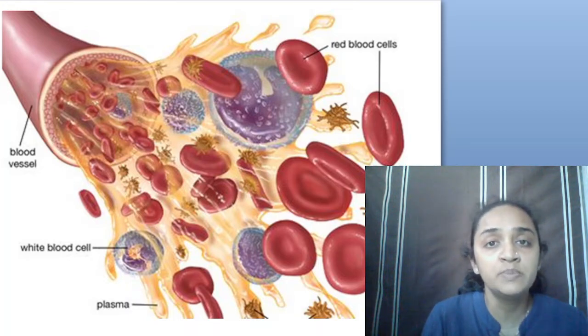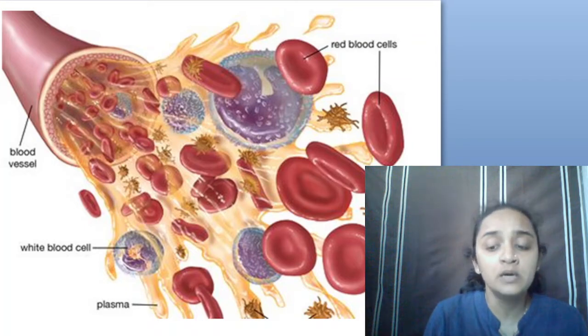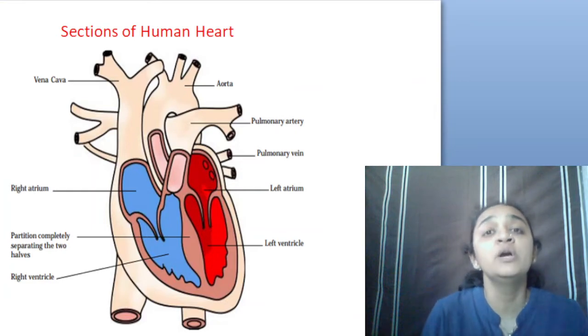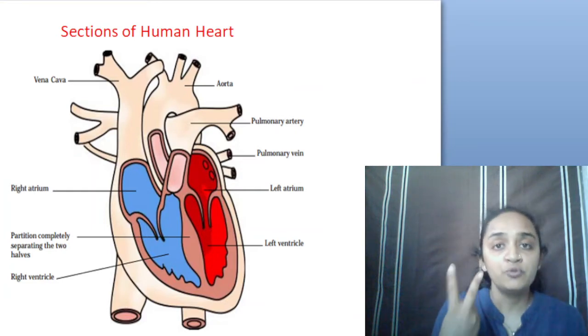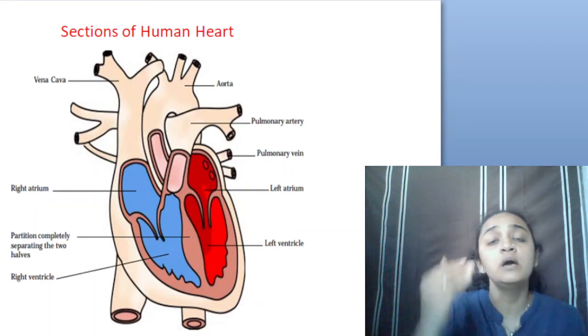So this is the blood structure. Blood has red blood cells, white blood cells and plasma. This blood is continuously moving in our heart. The heart has 4 sections, 2 in the upper part and 2 in the lower part.